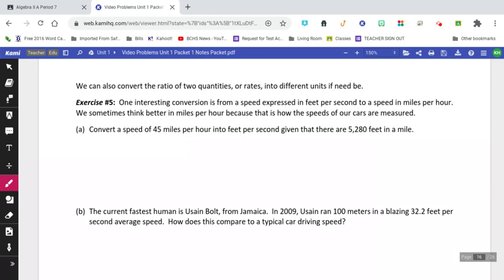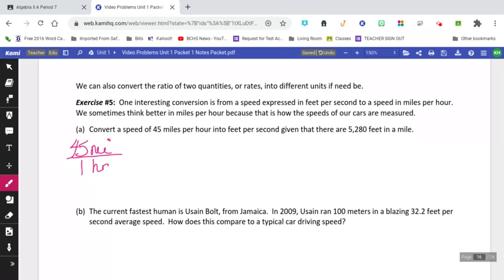Okay. So really the difference here is that when we set up our first fraction, we have 45 miles, but instead of just a 1 in the bottom, we actually have another unit. We have 1 hour. Okay, so the speed is 45 miles per 1 hour. And we want to change this into feet per second.